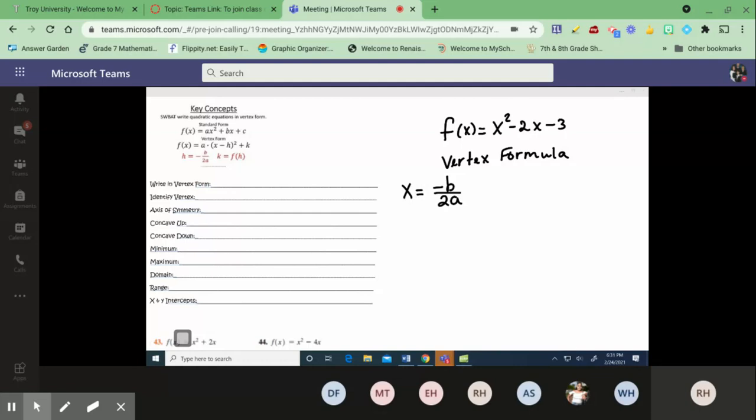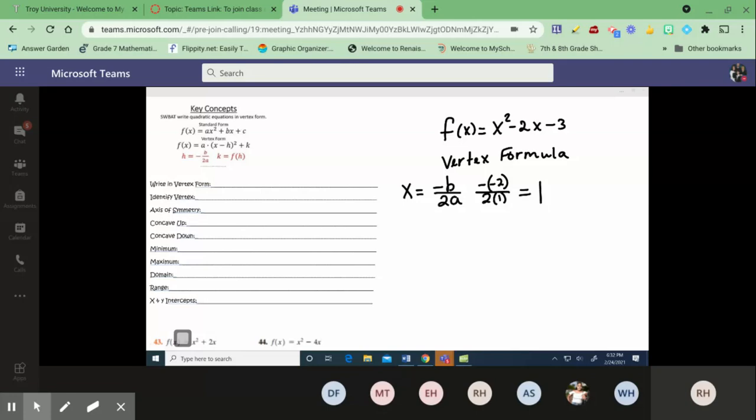That formula is only going to get me my x, okay? So what's my b on this one? So I have negative (-2) over 2 times 1. What's that going to come down to? 1. All right, so my x in my vertex, my h, that's a 1.